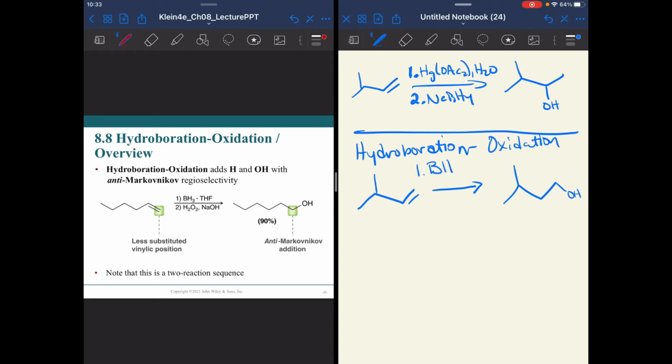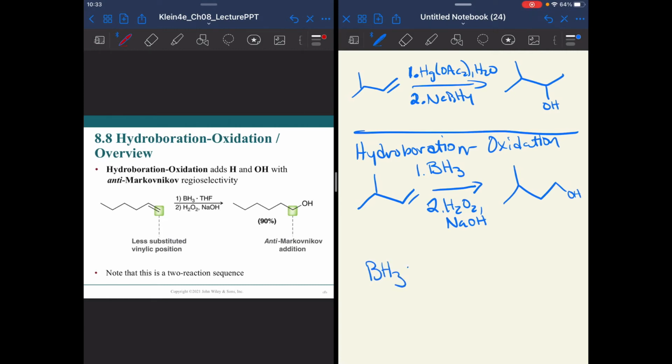I am going to start with boron. Now I'm just going to write down BH3, and I'll explain why in a moment. And then I'm going to follow that with peroxide, H2O2. So peroxide, I'm making a mental connection here. Peroxides often lead to anti-Markovnikov products, and I also need a base. I need hydroxide.